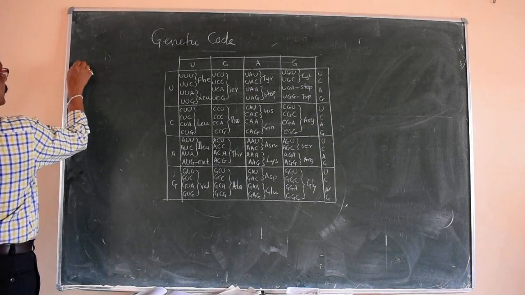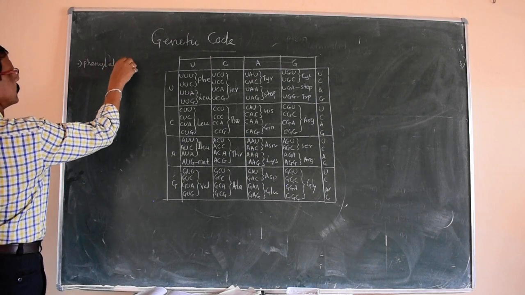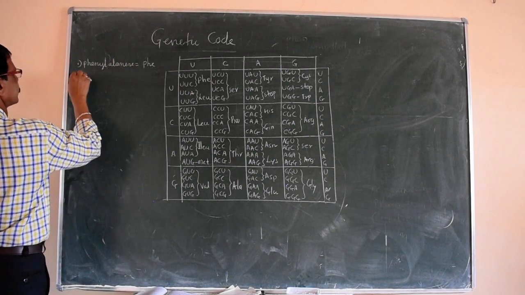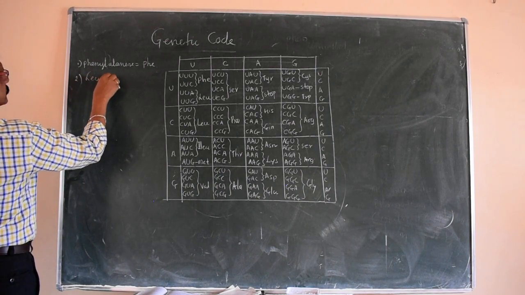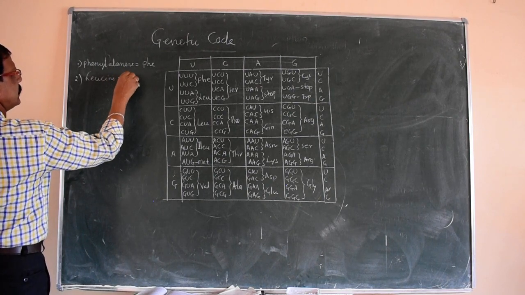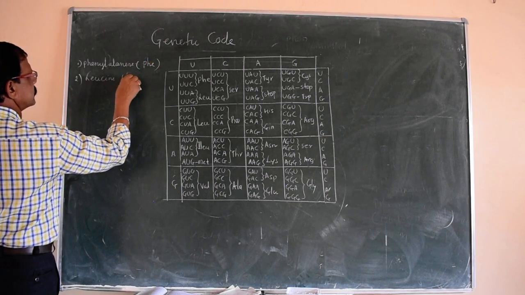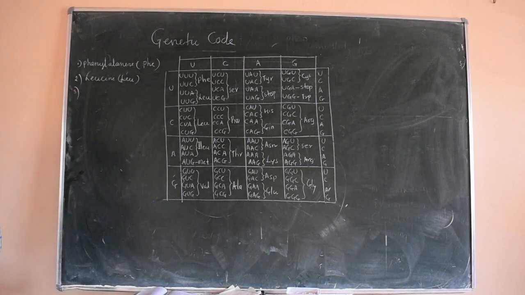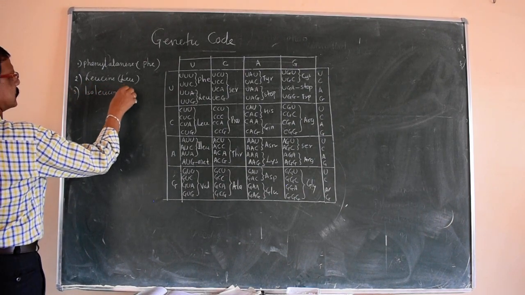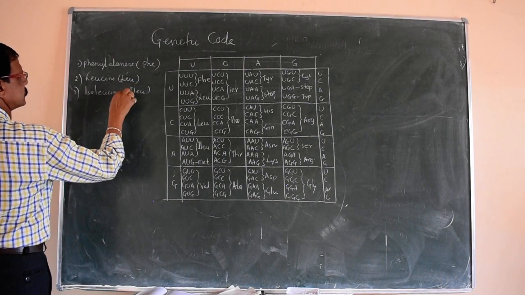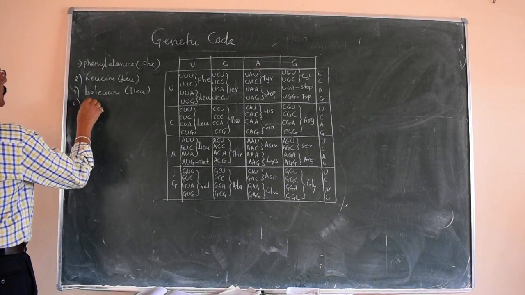Now look at all 20 amino acids. The first one is phenylalanine, PHE. Next is leucine, LEU. The third one is isoleucine, ILE. The fourth is methionine, MET.